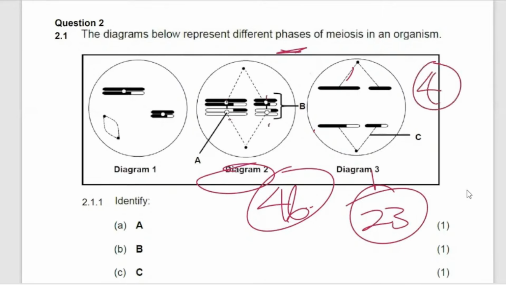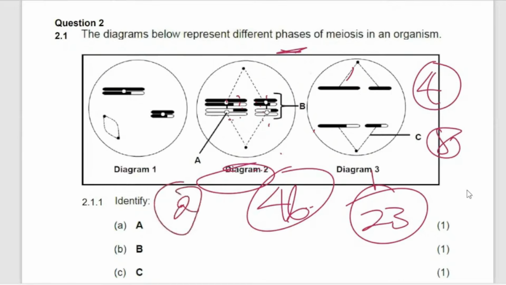It's 4. How many chromatids are found in diagram 1? 1, 2, 3, 4, 5, 6, 7, 8. It's 8 chromatids. How many chromosomes will be found at the end of division of diagram 2? Because this is meiosis 1, and since there are 4, it's going to be 2.